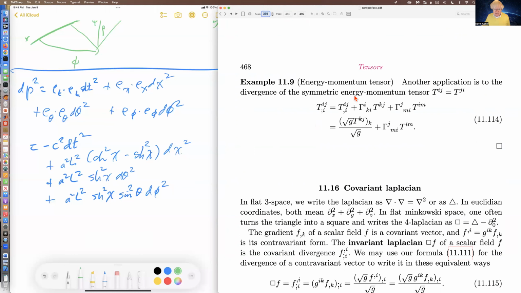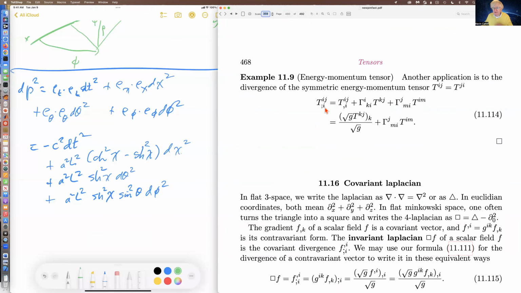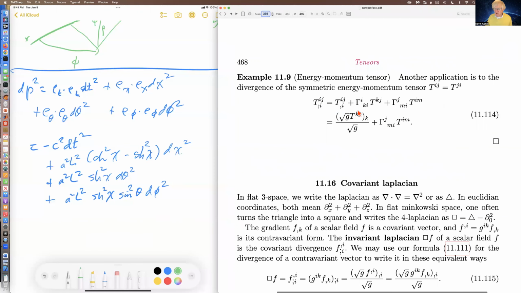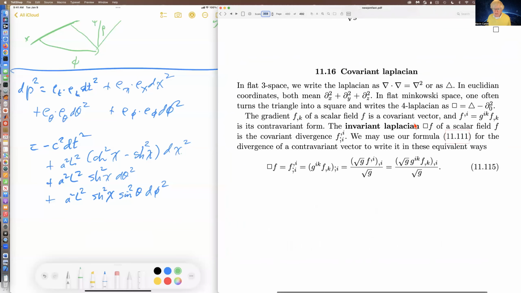Remember, in an earlier class, we worked out what the divergence is of a tensor, and we saw that one could perform a certain simplification. And for the case of the energy momentum tensor, which is symmetric, we get this expression here.